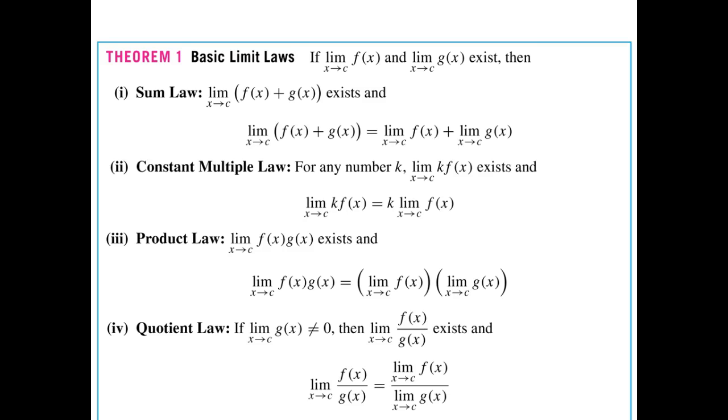Basic limit laws. Let's suppose that we have two functions, f and g, and the limit of f of x as x approaches c, and the limit of g of x as x approaches c. Both of these limits exist. Now they both must exist.